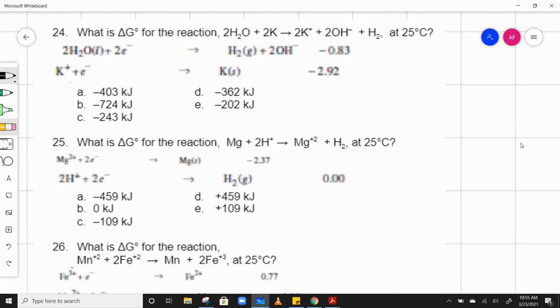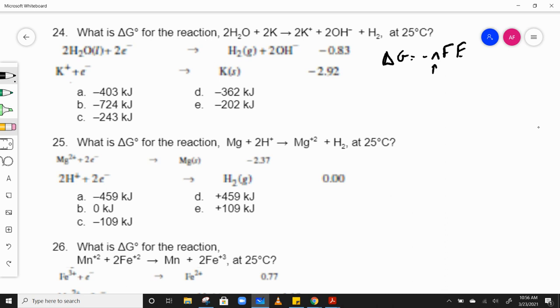Okay, so this one, what is delta G for the reaction given there? So for this one, first of all, we're going to use delta G equals negative nFE, where n is the number of moles of electrons, F is Faraday's constant, or 96,500, and E is E naught of the cell.